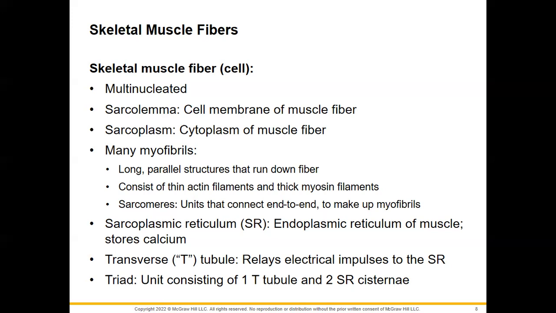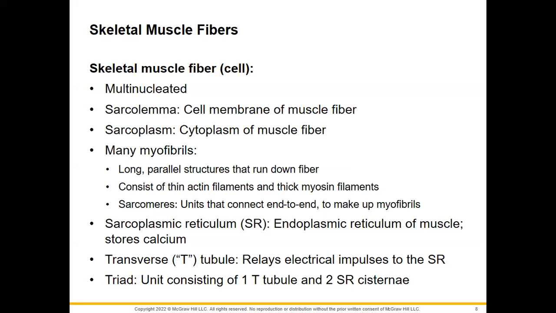There are two different types of filaments that make up each myofibril, and it will be important for you to understand these myofilaments because we'll use these in depth to talk about how each muscle cell works.